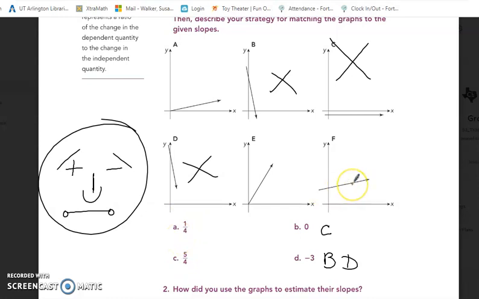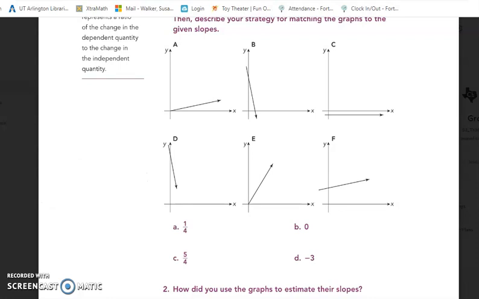So I would say F and A are more likely going to be 1/4. And then 5/4, because that's more than 1, it gets steeper. That would be E. Now, 100% it depends on the numbers we use on the axis, but this is what I would say would be the graphs that go with it.